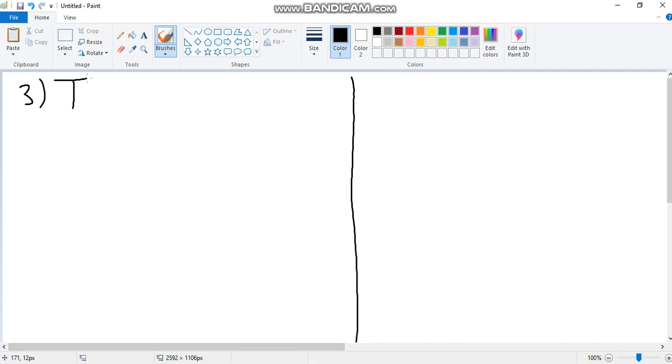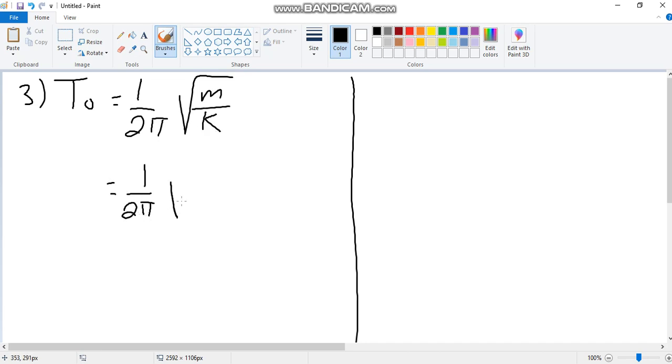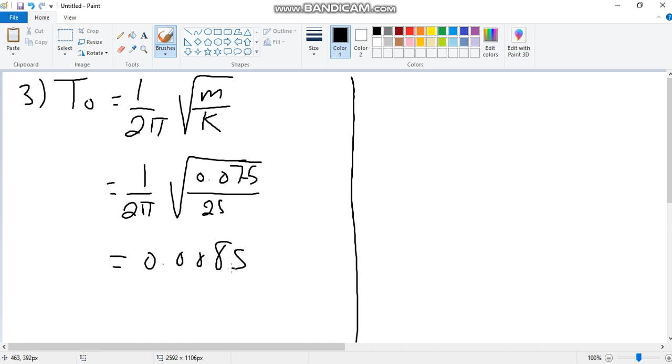We know that the proper period is equal to 1 over 2 pi times the square root of m over k. So it is 1 over 2 pi times the square root of m, which is 75 grams converted to kilograms, 0.075, over the stiffness constant, 25 Newton per meter. We do the calculation and the answer is 0.008 second. This is the proper period.